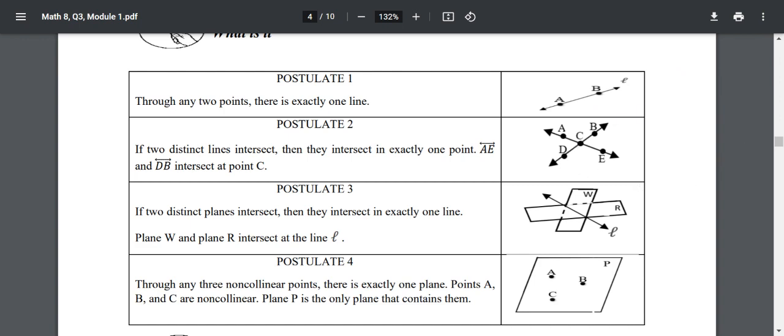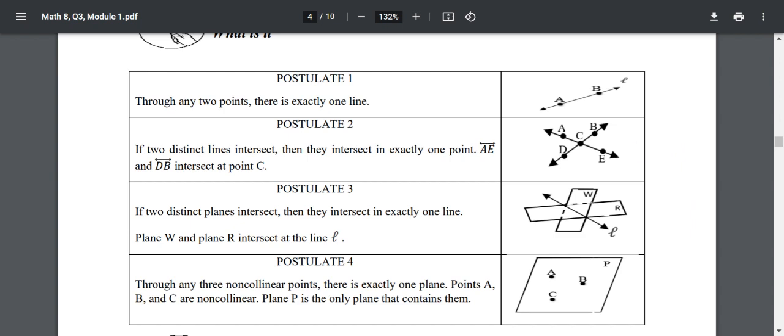Sa atong example, line AE, kani line AE, and line DB, kani nga line, intersect at point C. So naa sila nag-cross or nagtagbo sa point C. So 2 distinct lines, kung magtagbo na, magtagbo ra jud sila in exactly 1 point. Kay di ba dili man pud mahitabo nga 2 lines then magtagbo then ang ilang intersection is duha. So isa ra jud na exactly 1 point.